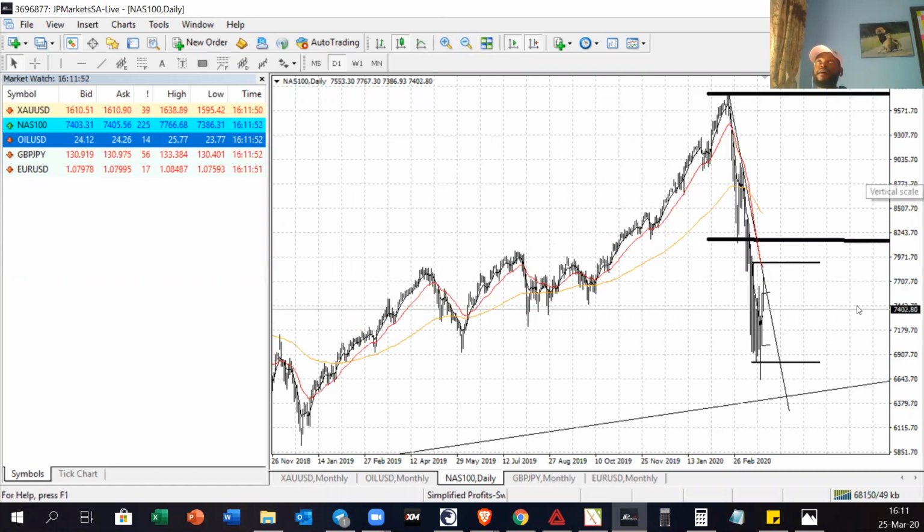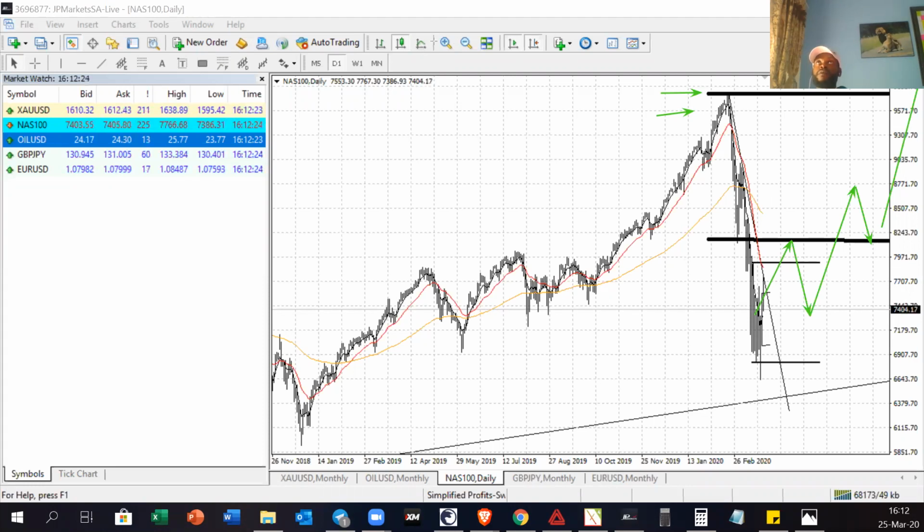And the move I'll be playing is break of this, pull back, up, and ultimately breaking this level and making all-time high. So we just gotta watch and see how this plays out.